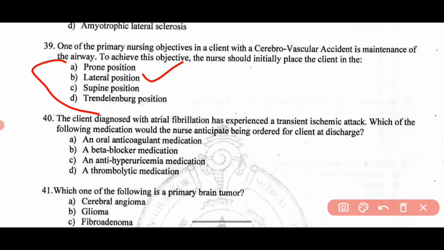Fowler's position is not there, so we have to think in another aspect, that is, to prevent aspiration, which position do we have to give? Lateral position. We cannot give prone position, supine position, Trendelenburg position. These three are totally contraindicated. In order to maintain the airway, we will be giving the Fowler's position. If Fowler's position option is not there, we can go for lateral position.